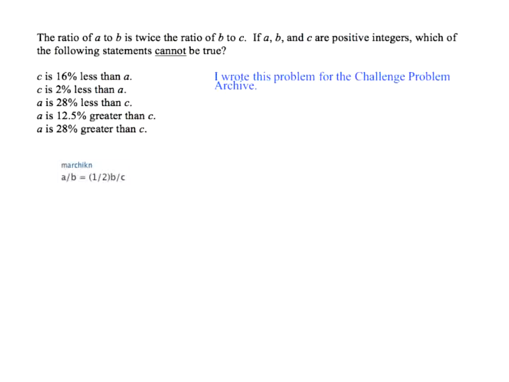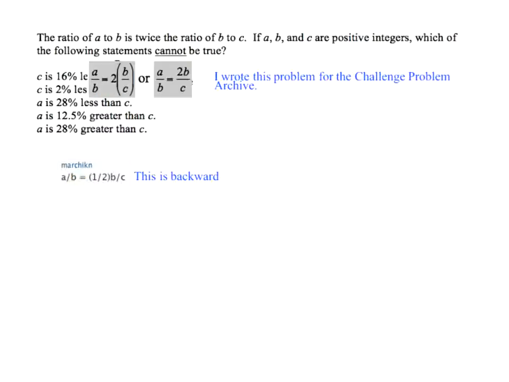The problem says that the ratio of A to B is actually 2 times the ratio of B to C, not half of it. If you get that statement reversed, that's not an auspicious beginning.